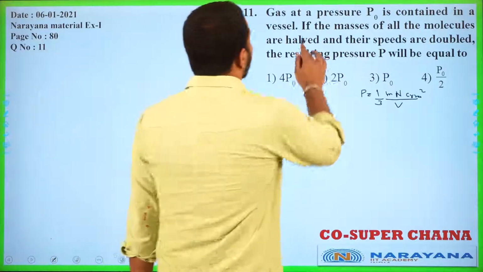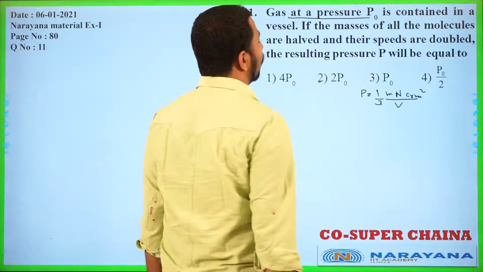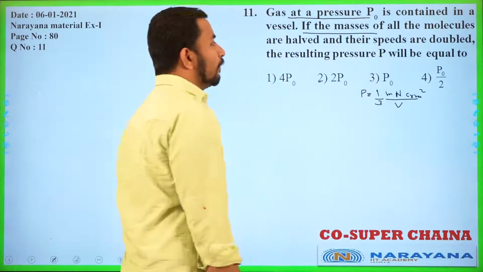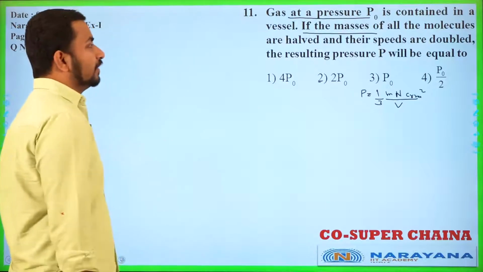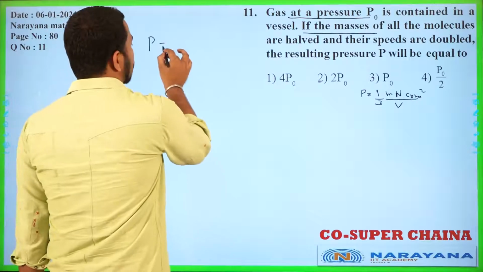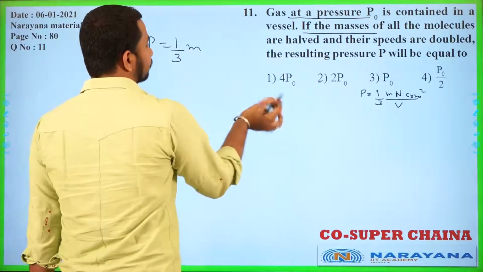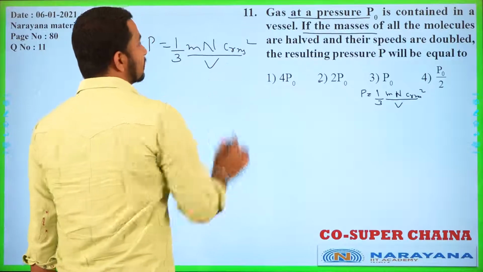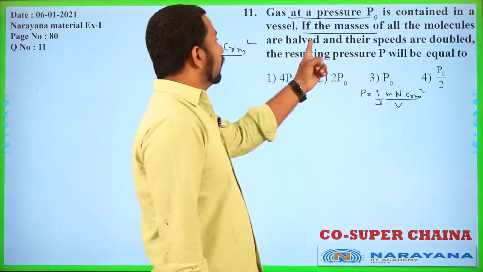Here, the gas at a pressure P0 is contained in a vessel. If the mass of all the molecules is halved and their speeds are doubled. So we know the relation P equals 1 by 3 times m N C RMS whole square by V. Now for this, what is given?